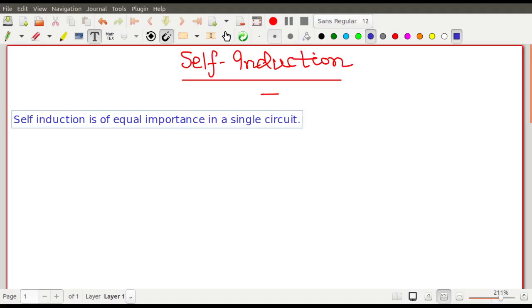Whenever we have discussed Faraday's induction, we have said that suppose this is a coil and a magnetic field is moved in its vicinity. Then what is the effect of this magnetic field on this particular circuit? So that is the effect of one on another. But today I am discussing self-inductance.